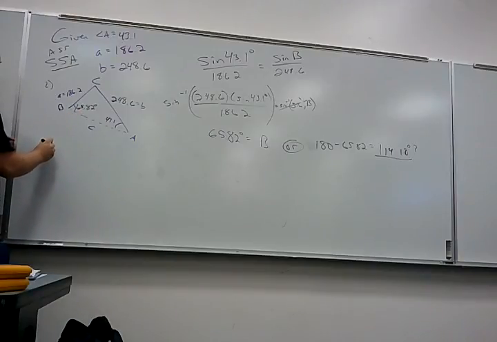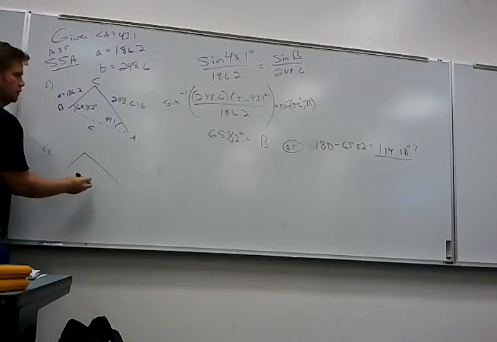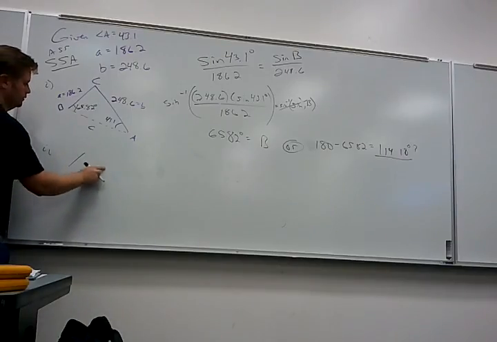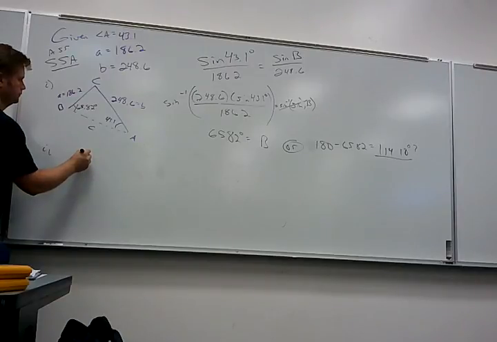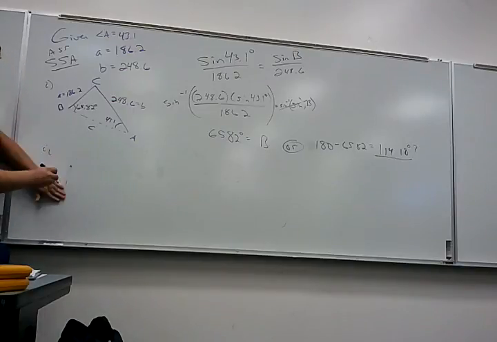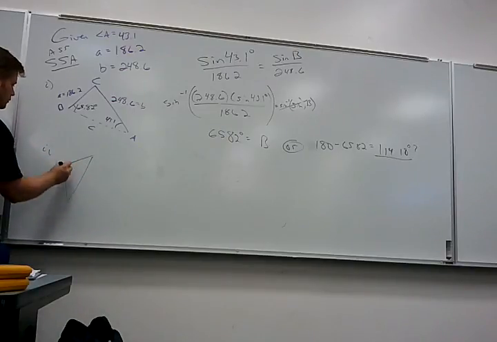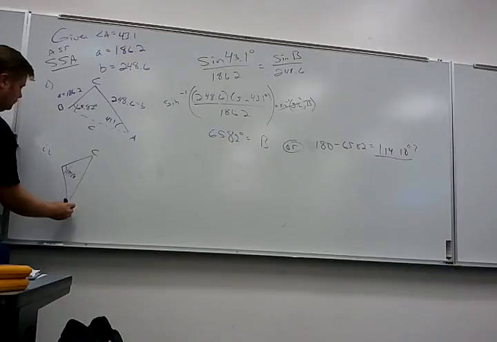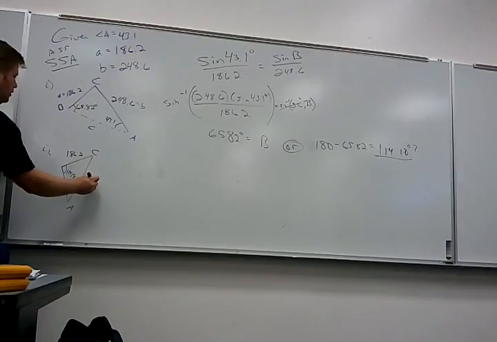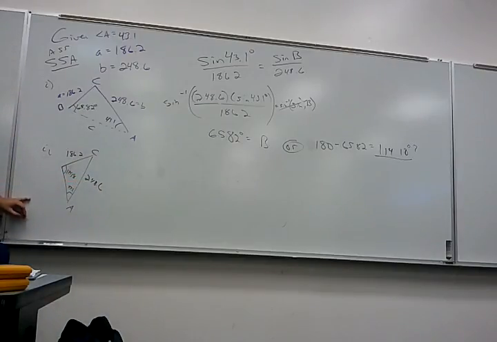Or B could be this big angle, 114.18. I want to put everything back on here that I know. So I want to finish this triangle out, and then I also have to finish this triangle out, so I cover both bases.